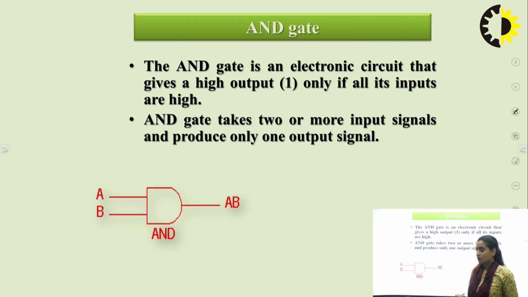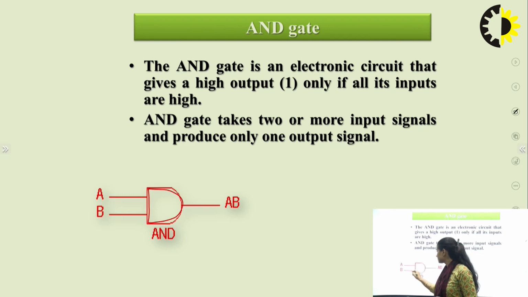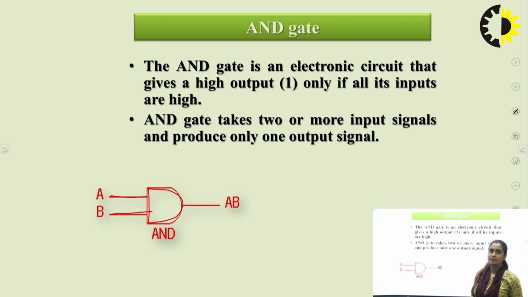So this is how we draw the symbol for the AND gate, with 2 inputs denoted as A and B, and the output denoted as A into B, written as AB. This is the representation for the AND gate.